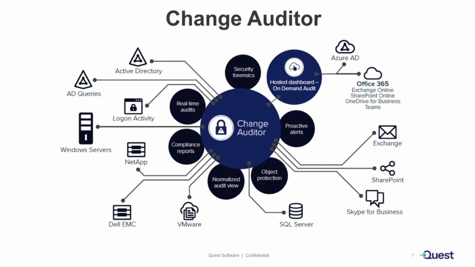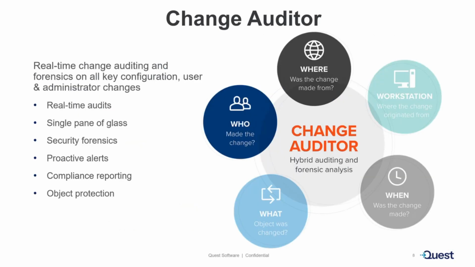Events are standardized in 5W format and provide enriched information. Change Auditor also allows you to protect objects from changes, such as specific objects, down to the level of attributes, domains, groups, or group policy objects. We audit more platforms than anyone else, on-prem, hybrid, and in the cloud, all from a single console.